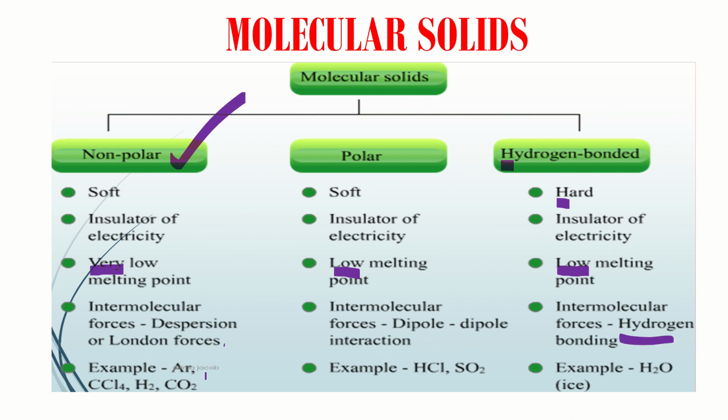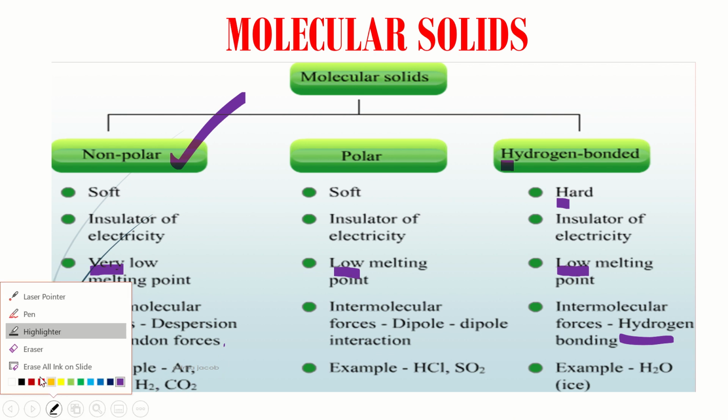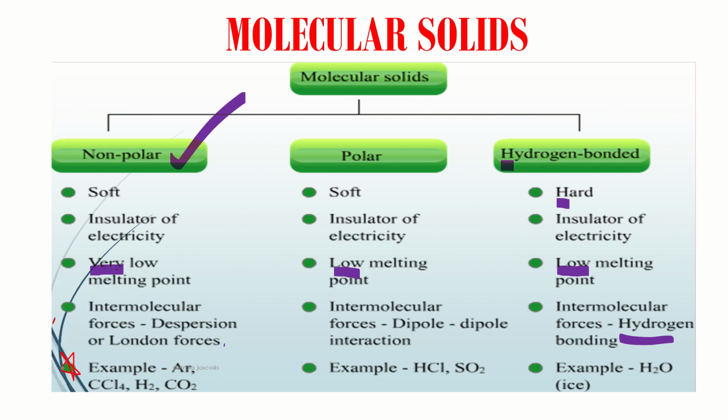Examples of non-polar ones are argon, H2, CO2, CCl4. Examples are very important, make sure you study the examples. Among polar ones, we have HCl and SO2.